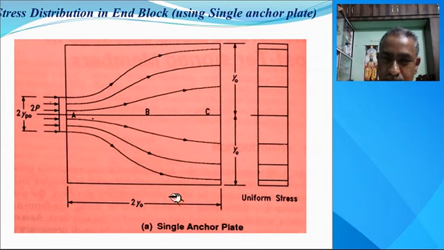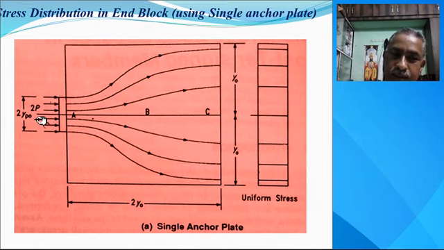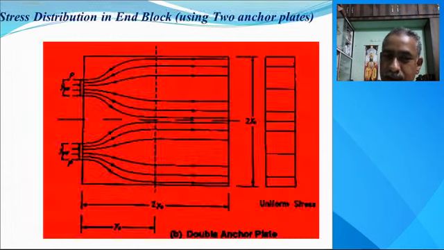That means we can consider that this d, the effective depth, is equal to 2y0. This is also 2y0, where the uniform stress distribution occurs, and this prestressing force is transferred to the block, and this portion is called the end block. This is the single plate.